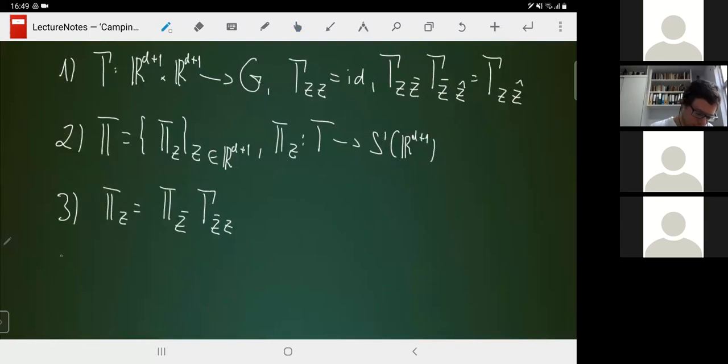And the fourth condition, maybe the most important one when you really want to apply the theory, and which really determines the order, is the following.